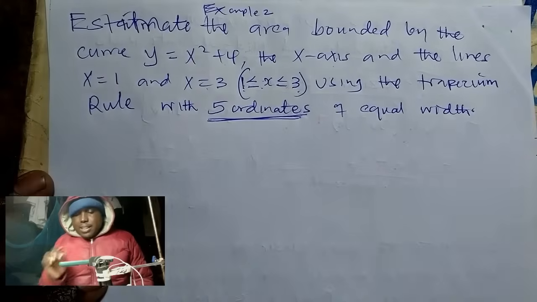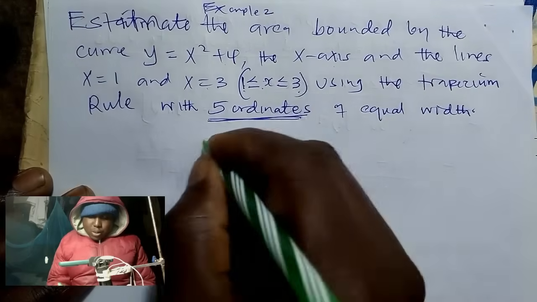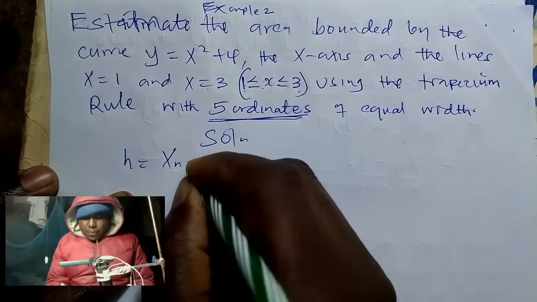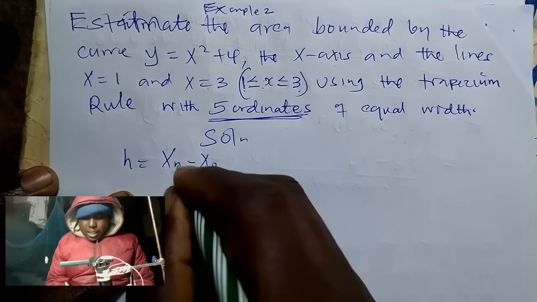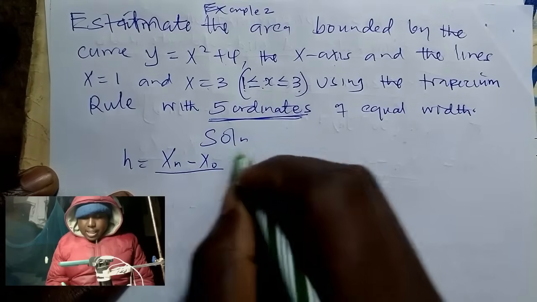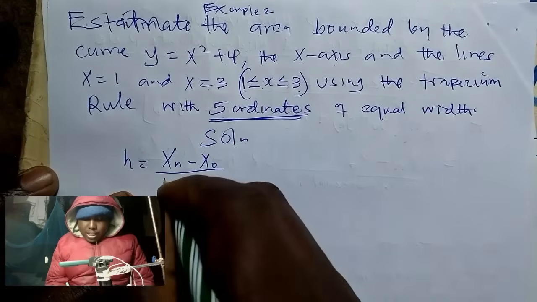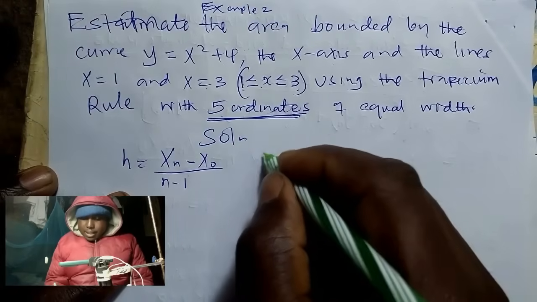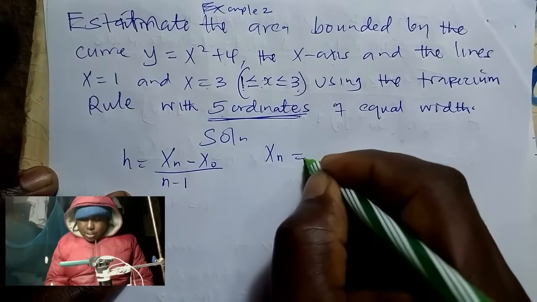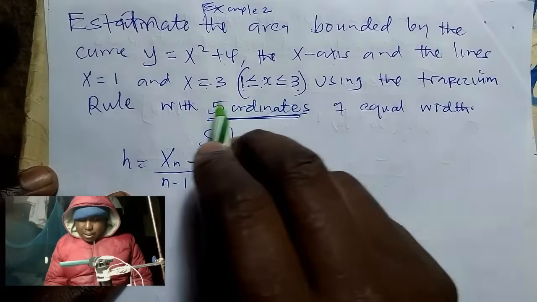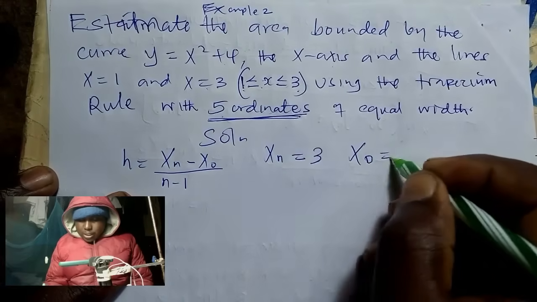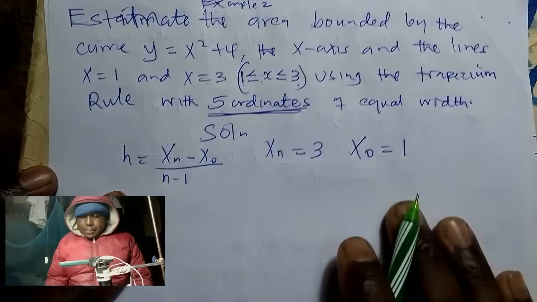Now h in this case, we need to find that because that's where we start. So h is equal to xn minus x naught divided by the number of ordinates, which is n minus 1. Now xn is equal to the final range, 3. X naught is equal to 1.